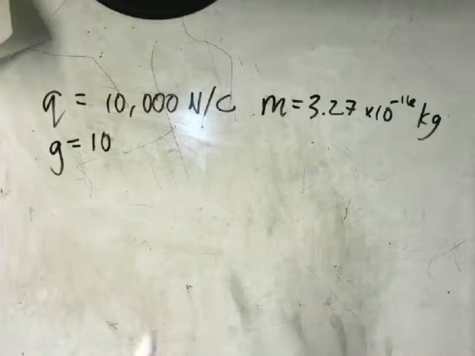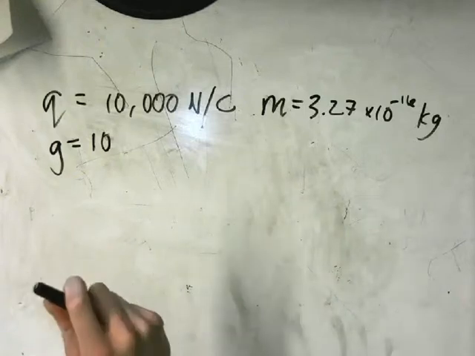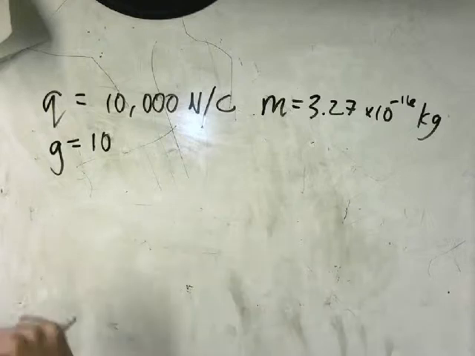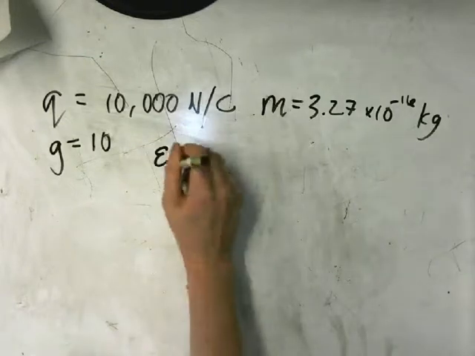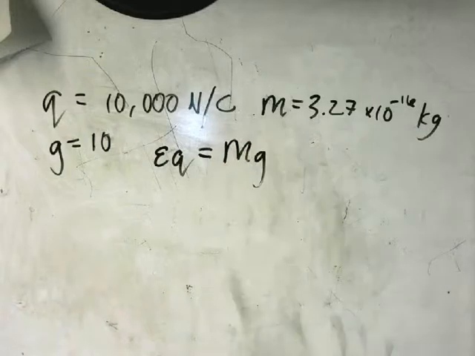So, knowing all of this, we need to find the magnitude of the charge. And since we know the electric field, the mass of the drop, and the gravitational force, and we're trying to find the magnitude of the charge, we can use the equation EQ equals mass times gravitation.